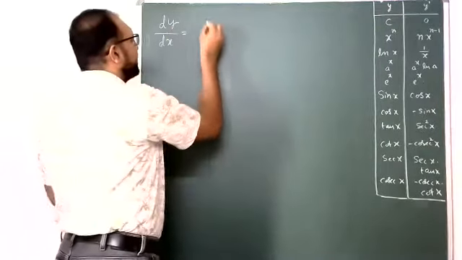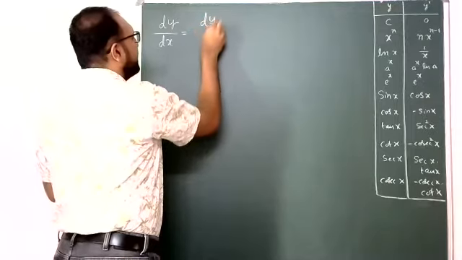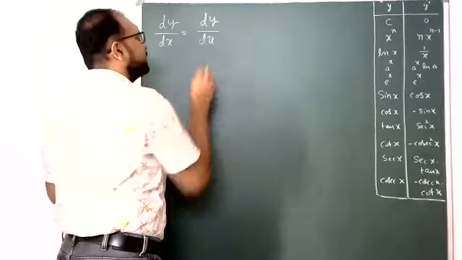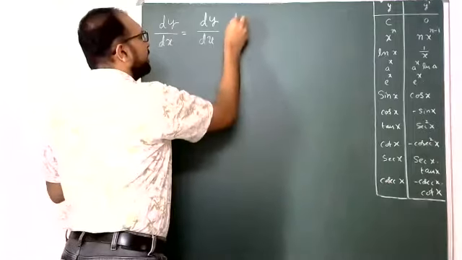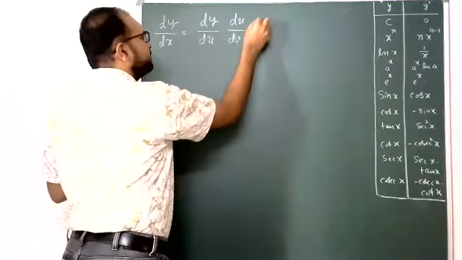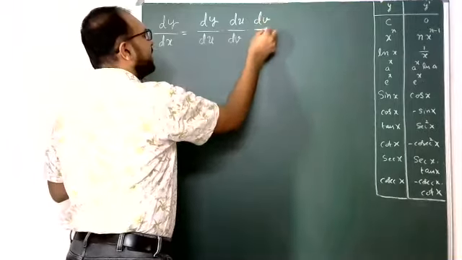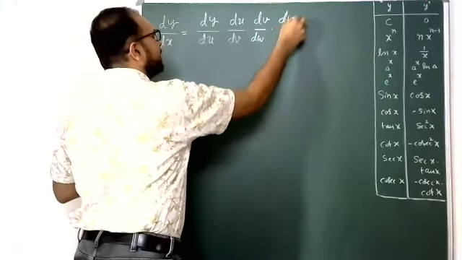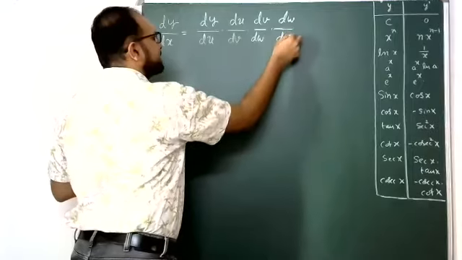By using the chain principle, dy by du into du by dv into dv by dw into dw by dx.